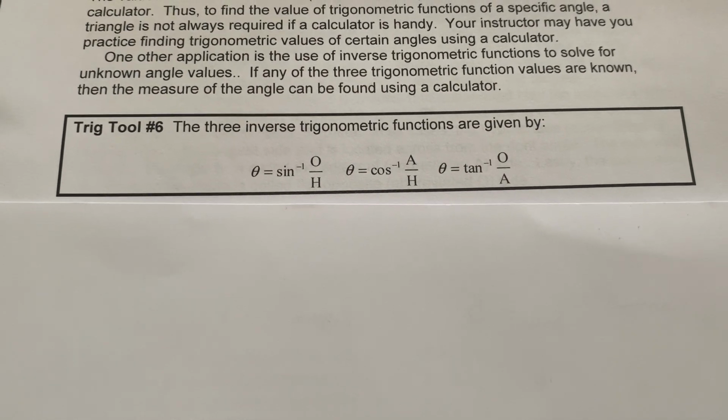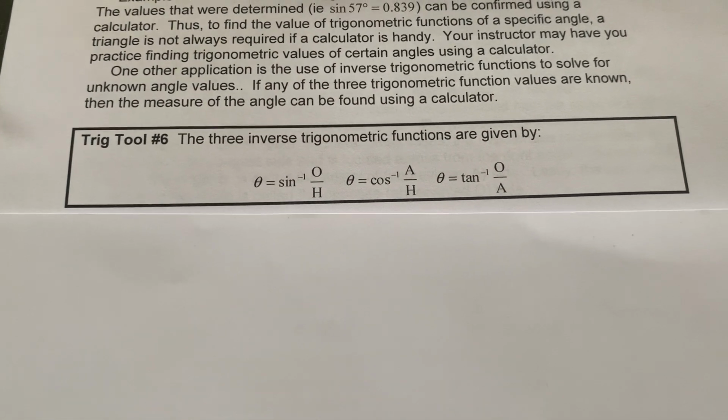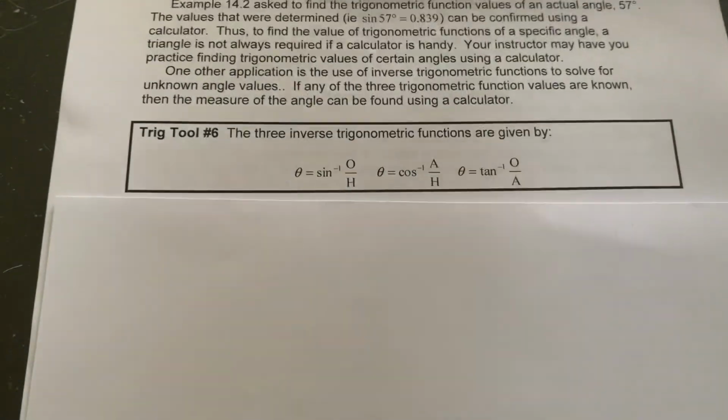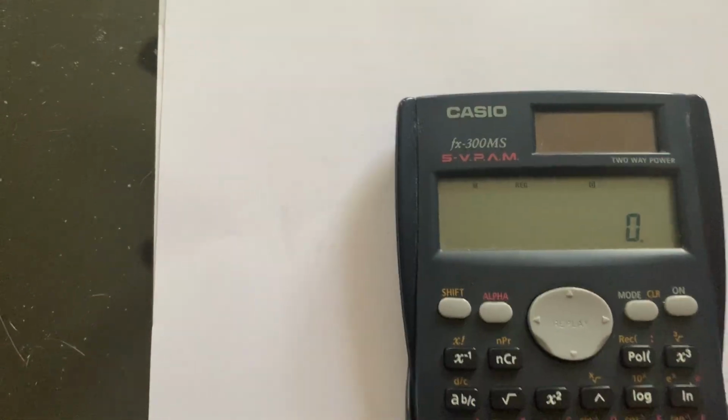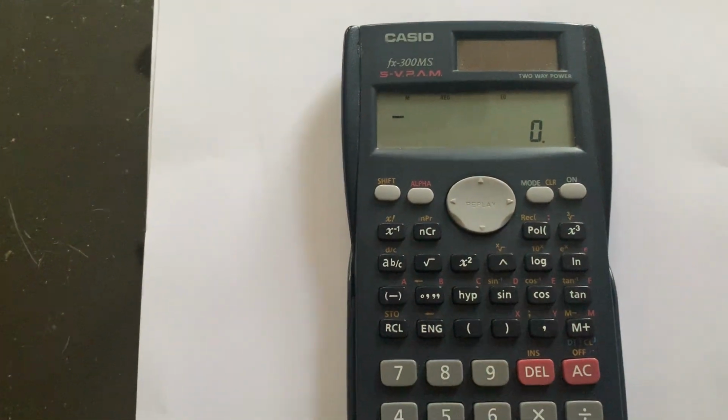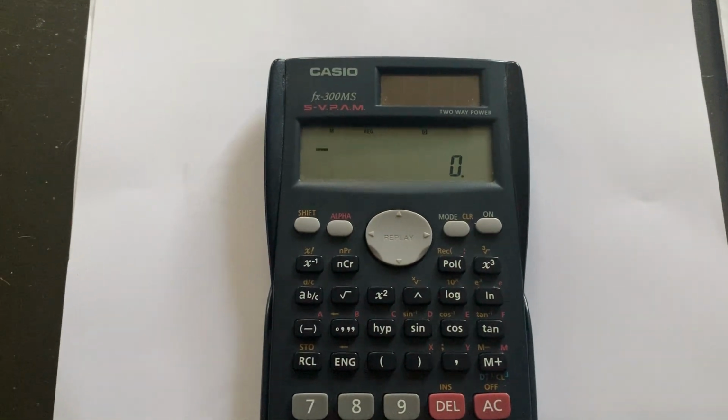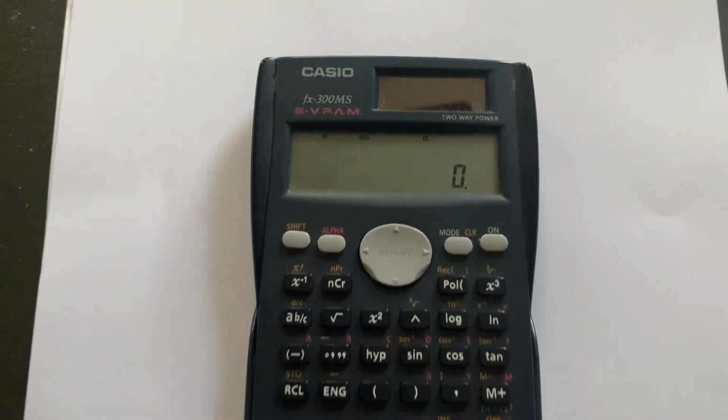The way we're going to do this practically is with a calculator. Let me see if I can get this to show up okay. So this is my classic Casio calculator. A couple things to watch for.